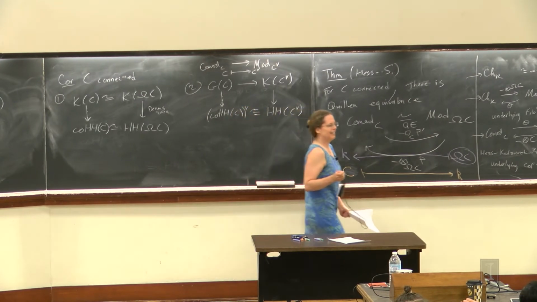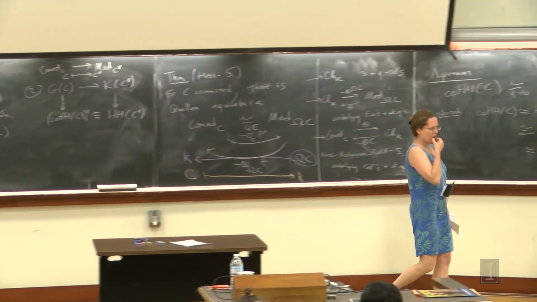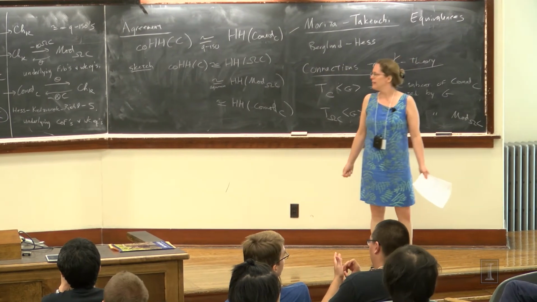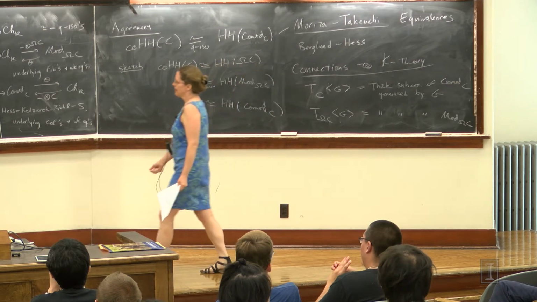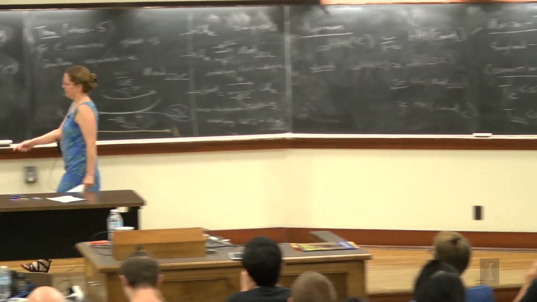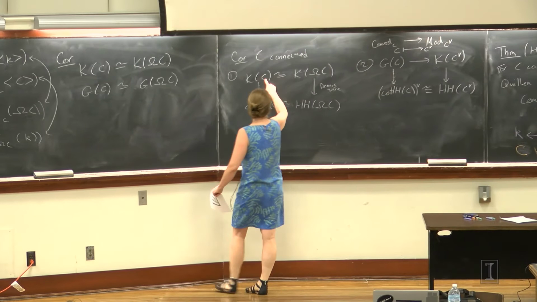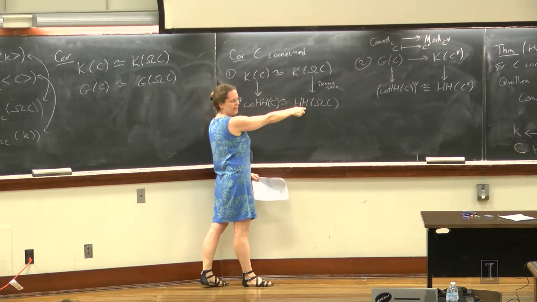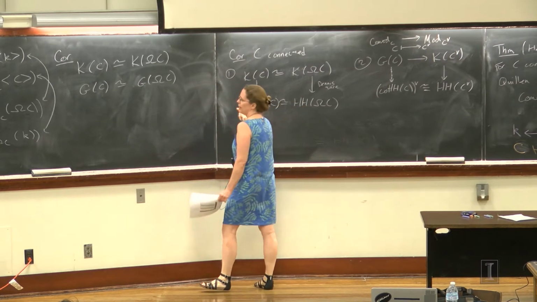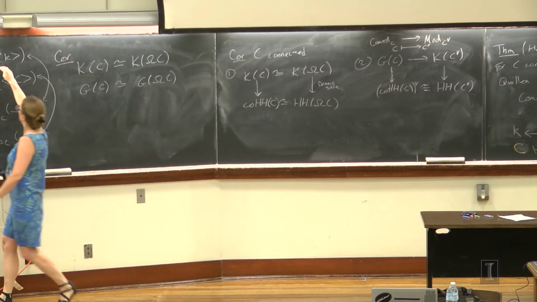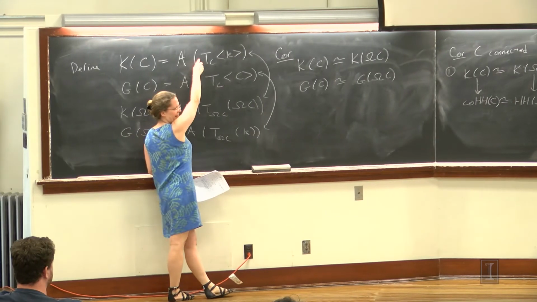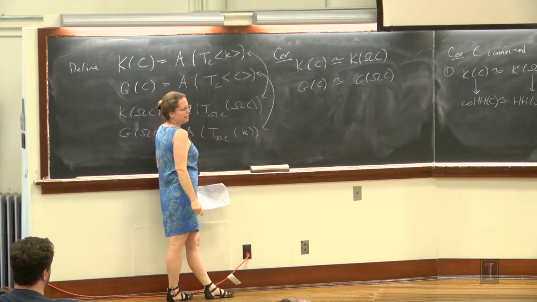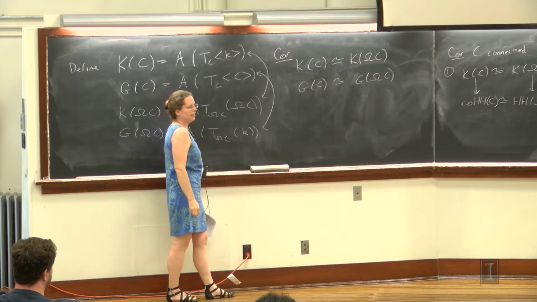Yes, Randy? If you use the chain model for Hochschild homology, you could have gone directly from the K theory of C to the Hochschild homology of the fixed subcategory. Does that give you the same invariant that you're seeing for this composition? So if I had gone from the K theory of C to the Hochschild homology on the cobar of C? There's an ordinary Dennis trace map from the K theory to the Hochschild homology of that fixed subcategory.